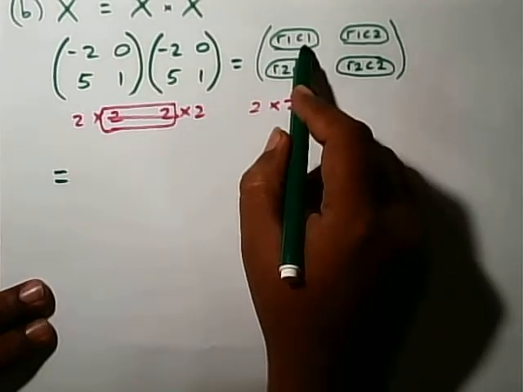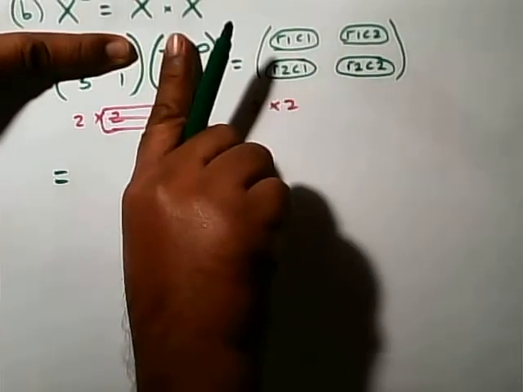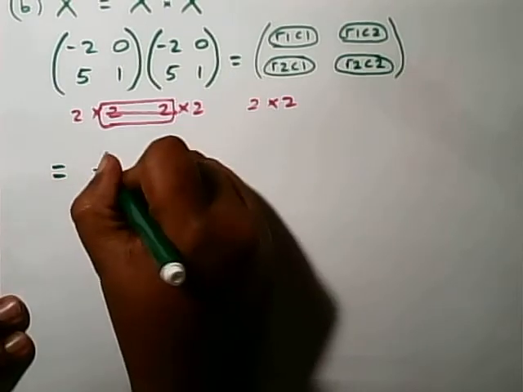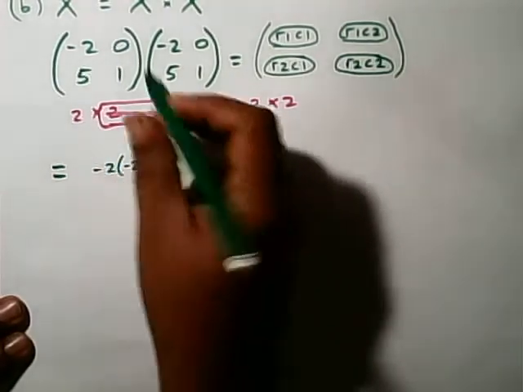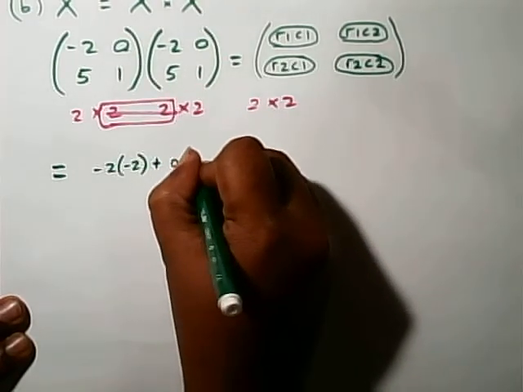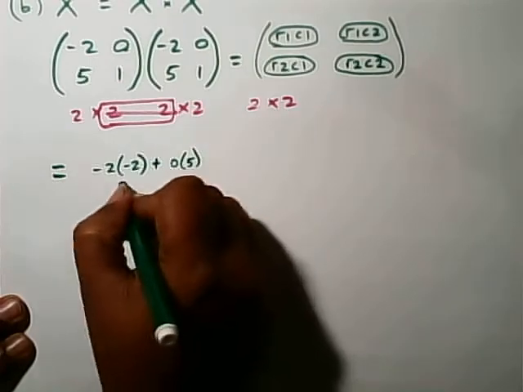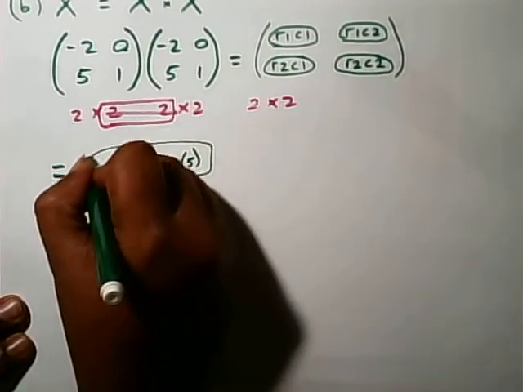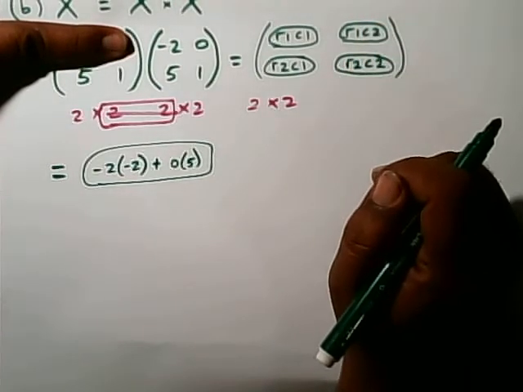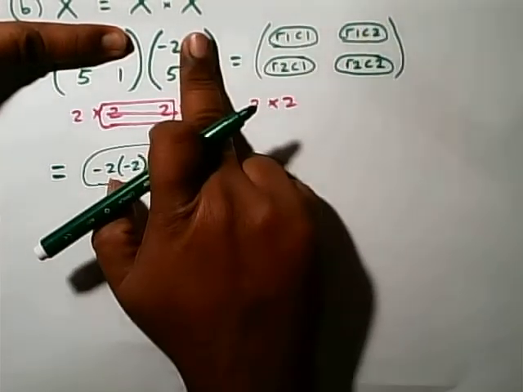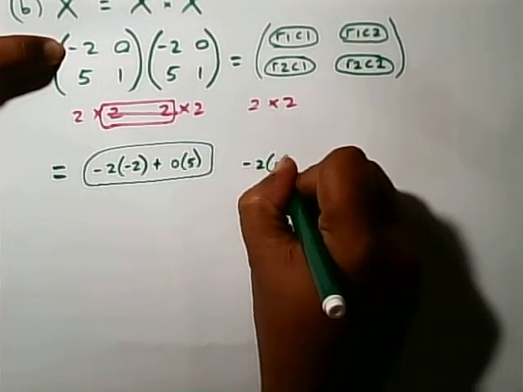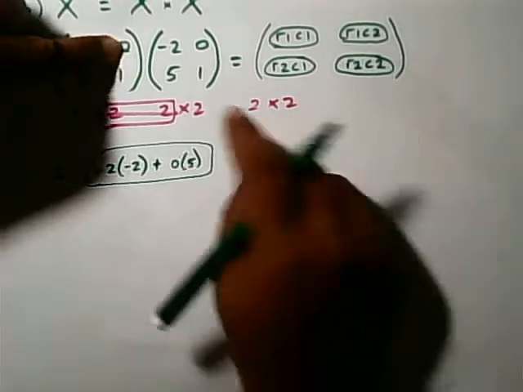Row 1, column 1. Row 1 multiplied to column 1. Minus 2 times minus 2 added to 0 times 5 as my first answer. My next answer is row 1 being multiplied to column 2. That'll be minus 2 times 0 added to 0 times 1.